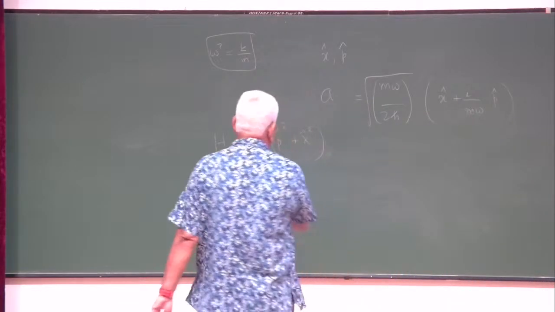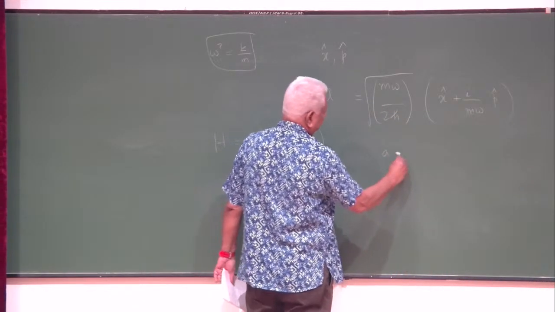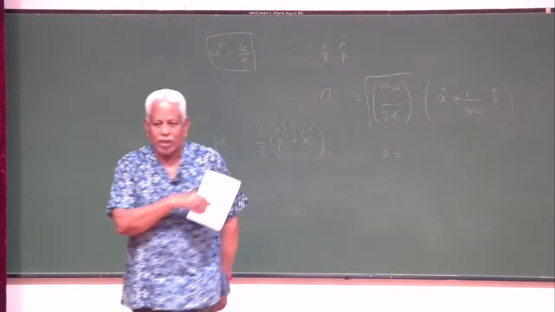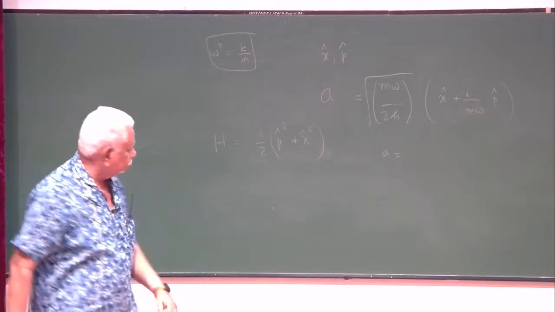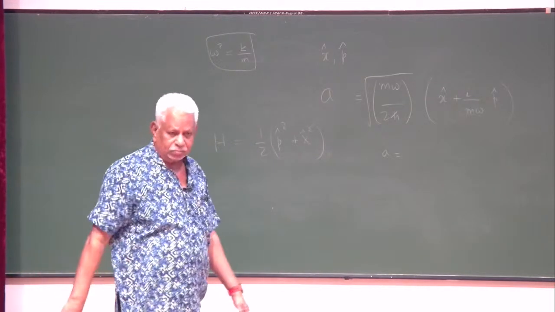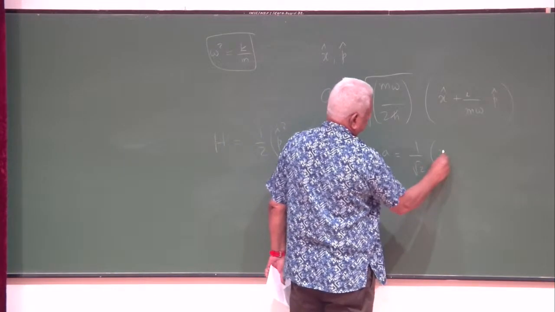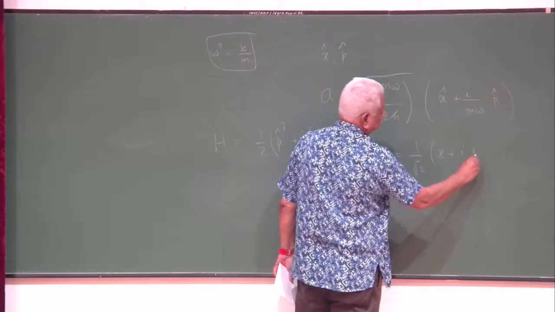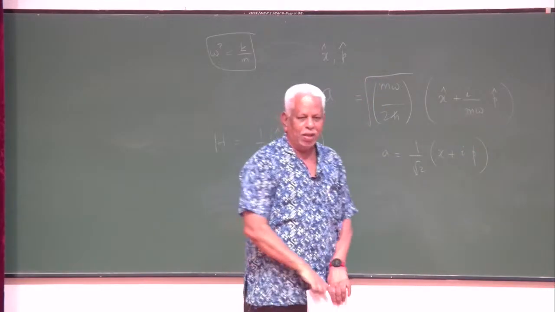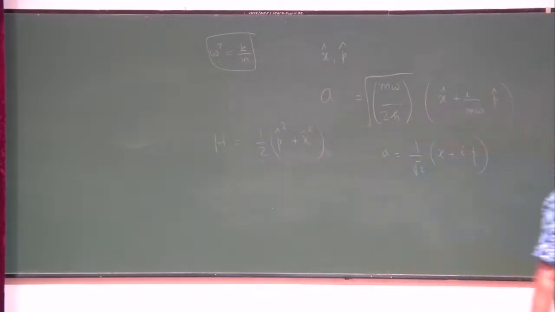Now, in this notation, if k is equal to 1 and m is equal to 1, omega will become 1. So A is 1 by root 2 times x plus i times p. What I have done is like x square plus y square. If I define x plus iy as z, x plus iy into x minus iy will be x square plus y square.